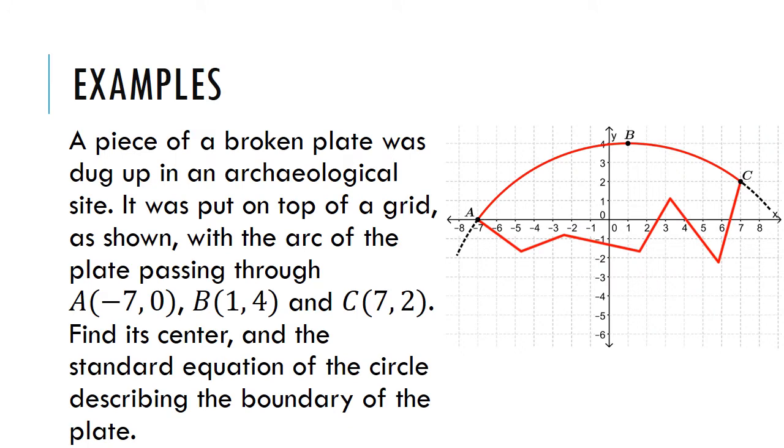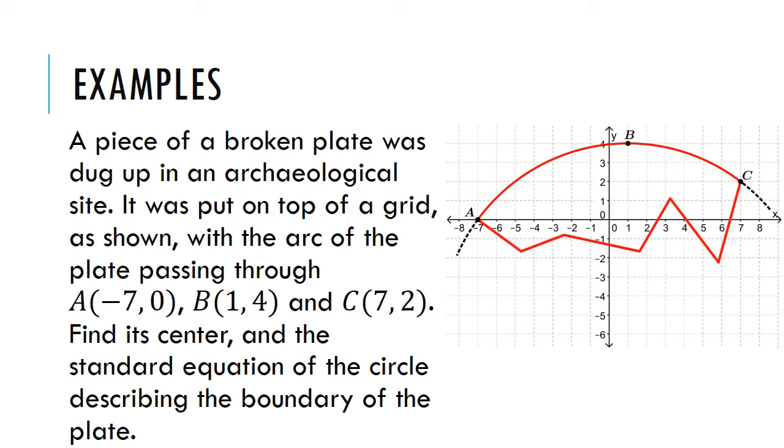So for example number 2, we have a piece of broken plate that was dug up in an archaeological site. It was put on top of a grid, so it was placed on the Cartesian plane, and we see that the arc passes through the points A(-7, 0), which is shown in the figure, B(1, 4), and C(7, 2).